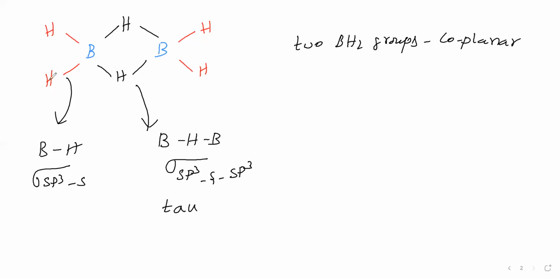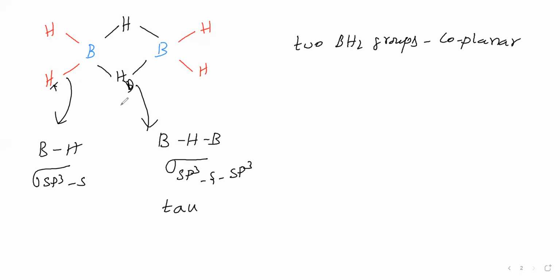How many hydrogens are there? 1, 2, 3, 4. These 4 hydrogens are of one type, whereas these two hydrogens are different from these. So in diborane, two types of hydrogens are there: one is terminal hydrogens, another is bridge hydrogens.